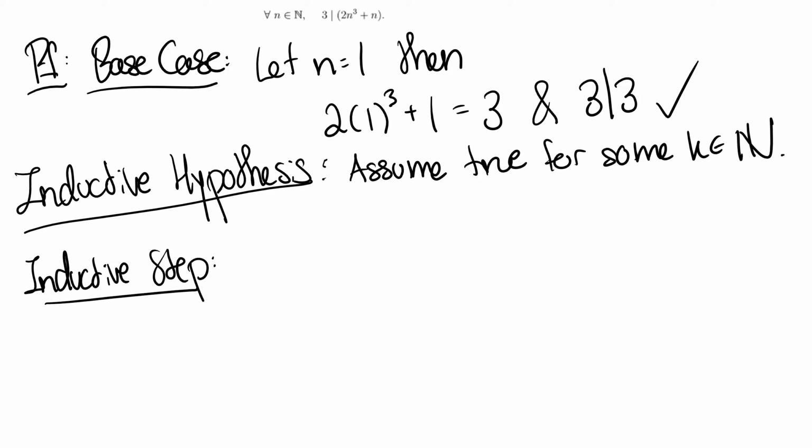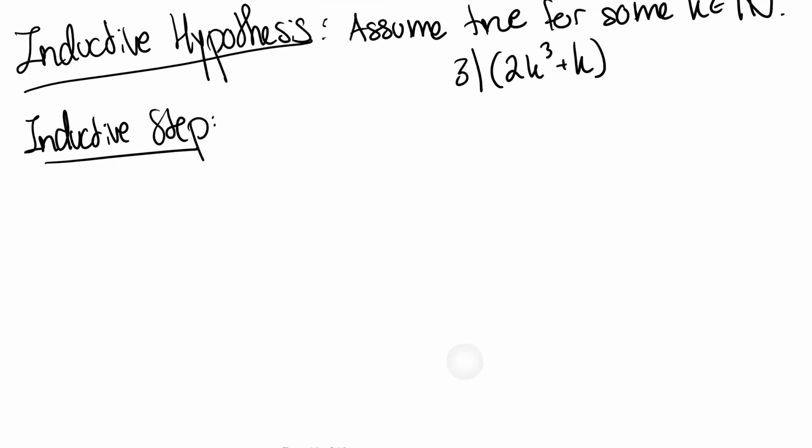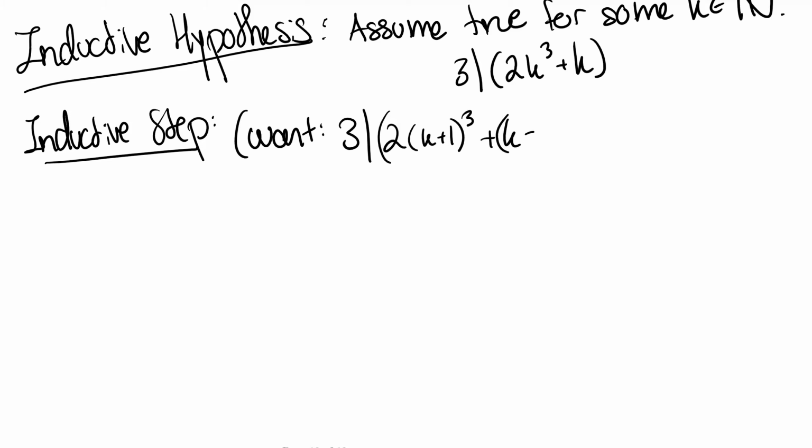So up here we said that 3 does divide 2k cubed plus k. Now we want to show that 3 divides 2 times k plus 1 cubed plus k plus 1. So many parentheses. All right, so we want that.